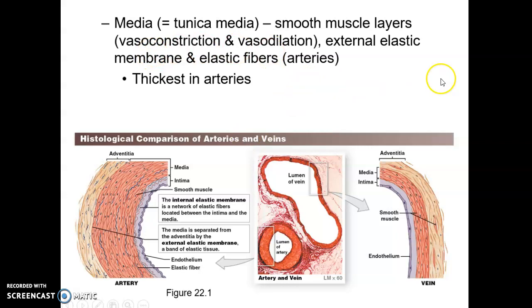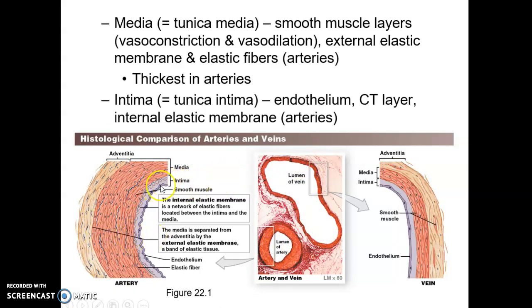And it also has an external elastic membrane and elastic fibers that are predominant in the arteries for strength. And it is thickest in the arteries compared to corresponding veins, and that's very obvious in a histological preparation.